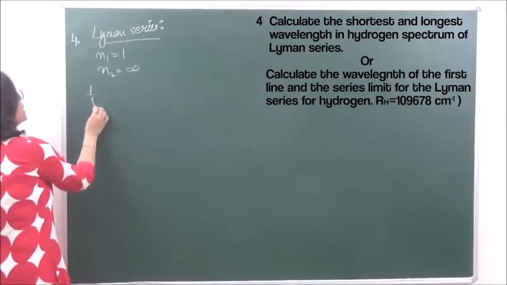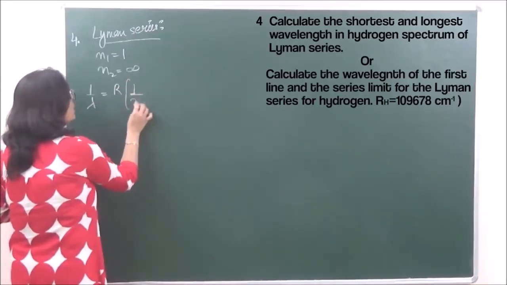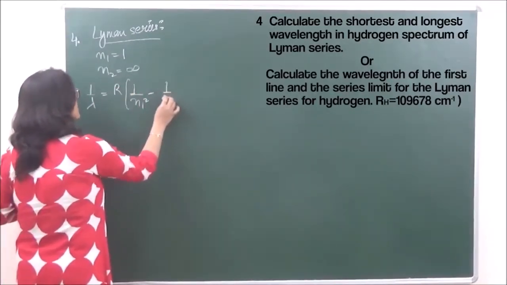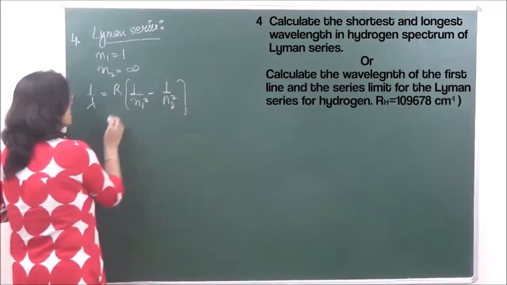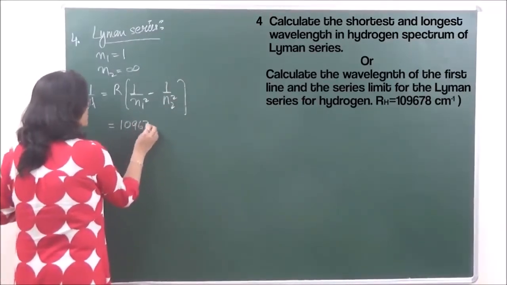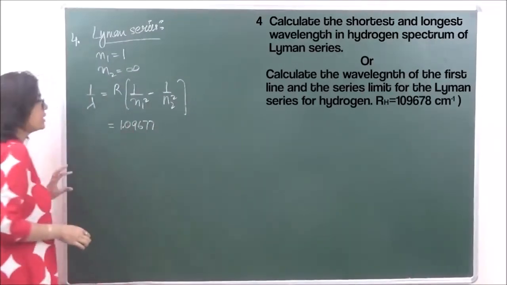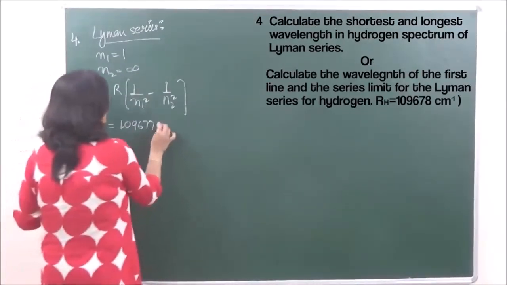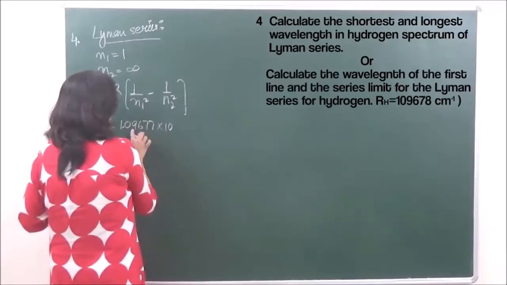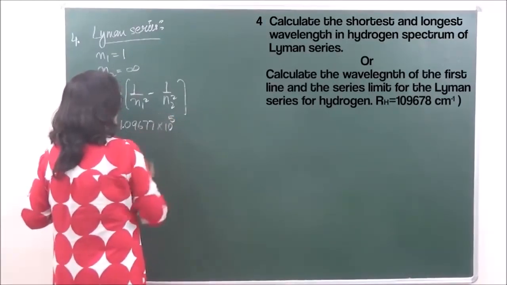So 1 upon lambda is equal to R times (1 upon n1 square minus 1 upon n2 square). The value of R is 109677. Okay? Or you can also put it as 1.09677 into 10 raised to power 5.